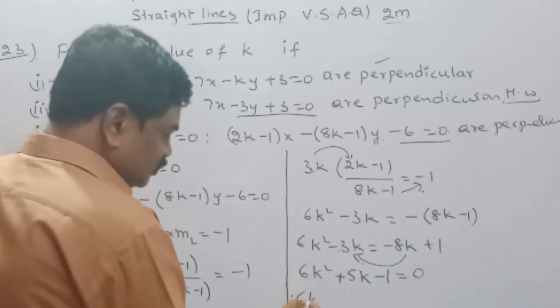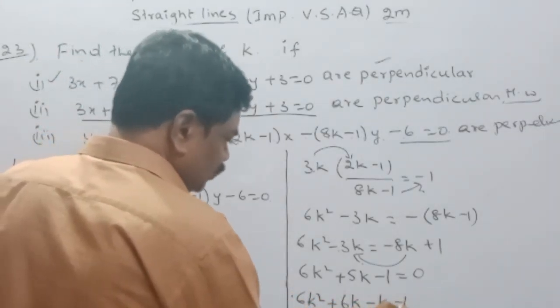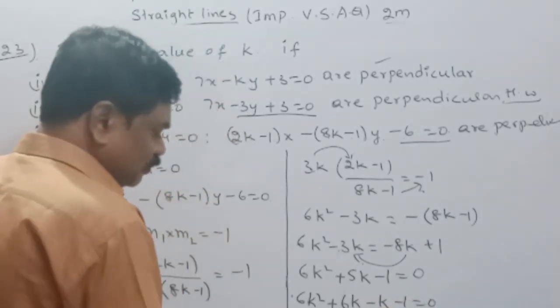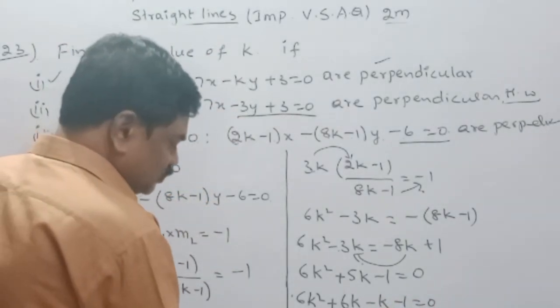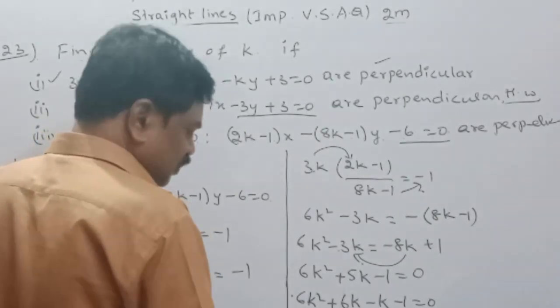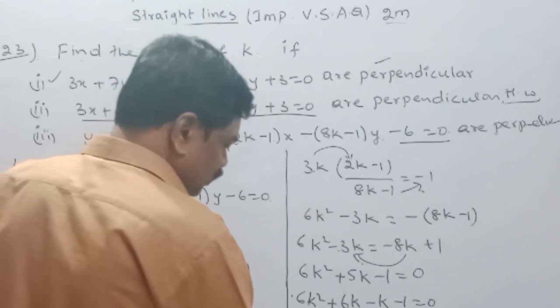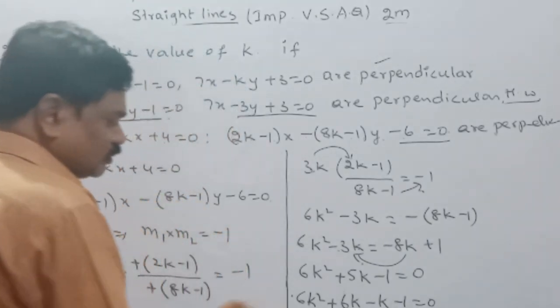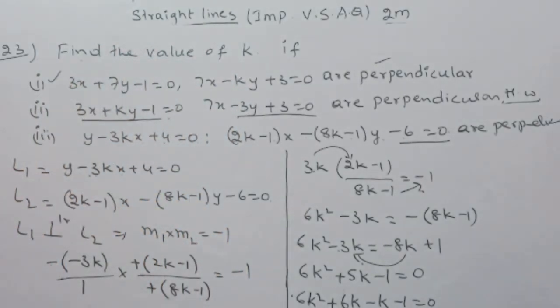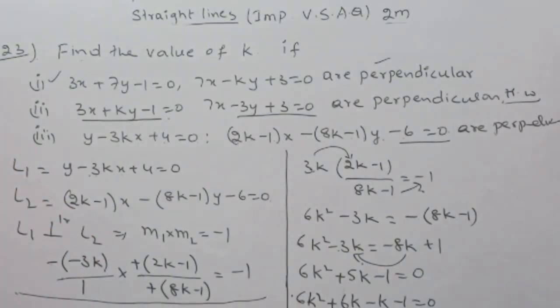6k square plus 6k minus k minus 1 equal to 0. That is, (k plus 1) into (6k minus 1) equal to 0. These are the factors.